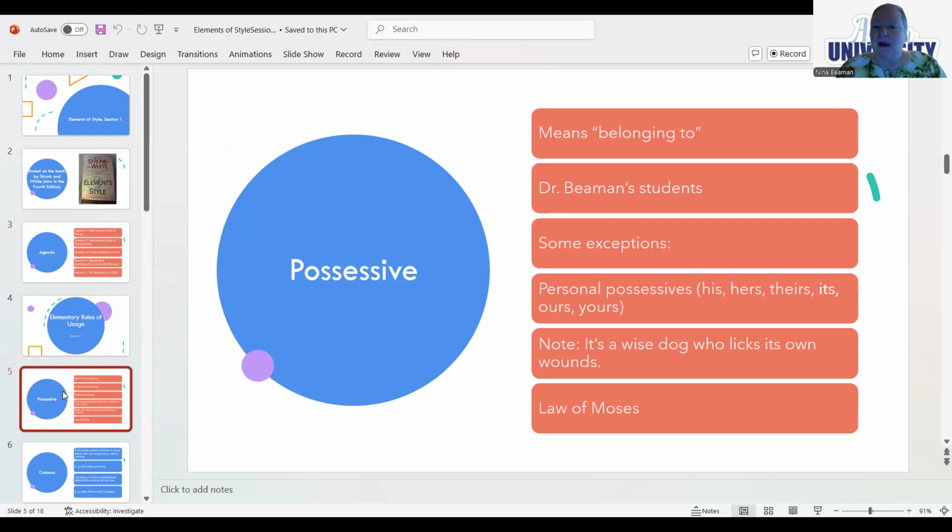It is a wise dog who licked its own wounds. So there you'd use the apostrophe for it is, but you wouldn't use the apostrophe when you're talking about the personal possessive. Sometimes the idiom itself, the words together, don't have a possessive. So you don't call it Moses's law, you call it law of Moses.